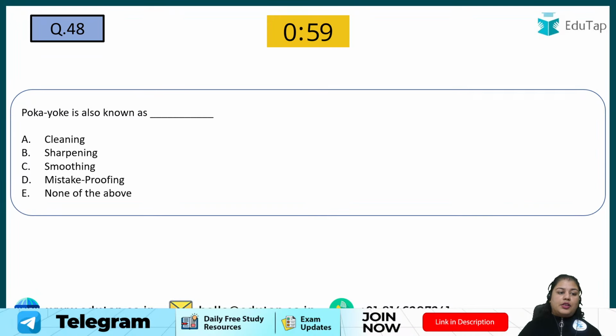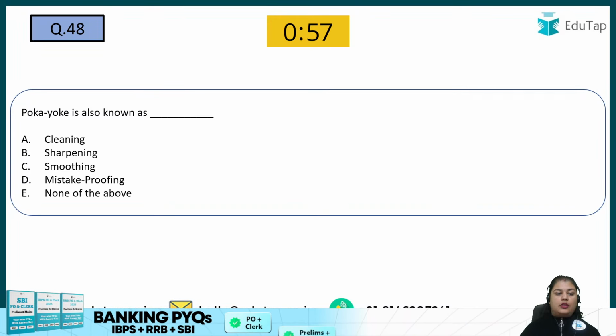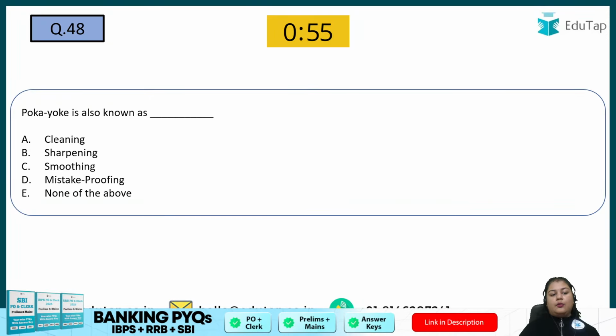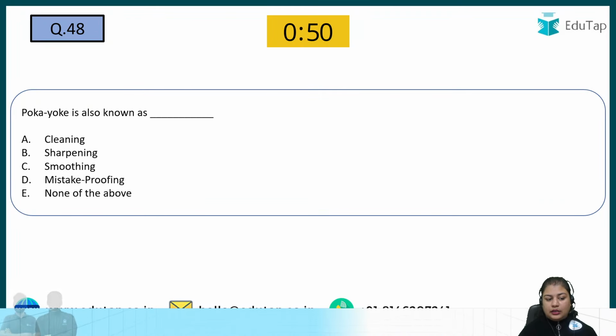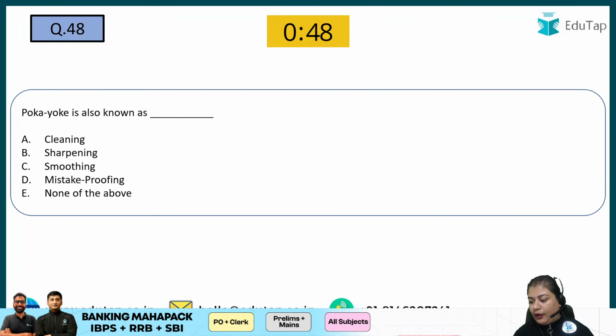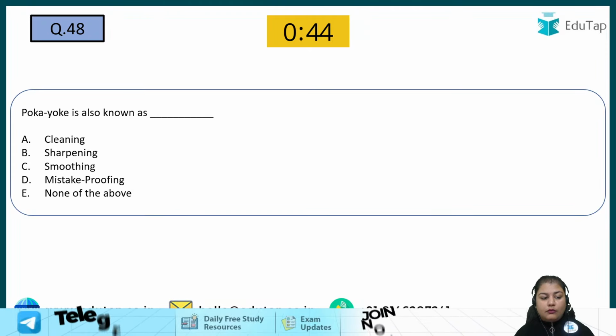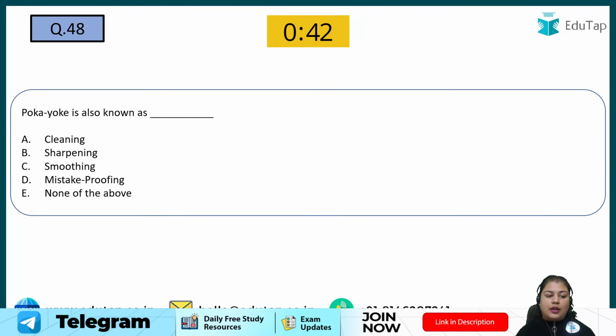Good. Question 48. Poka-yoke is also known as cleaning, sharpening, smoothing, mistake proofing, or what? It is basically a device.